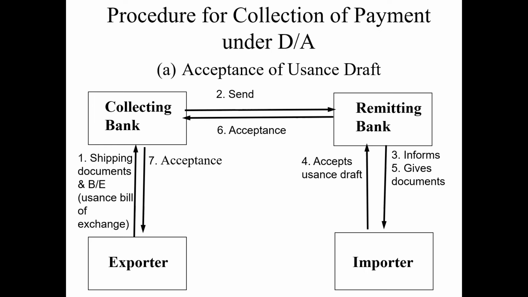As part of the fourth step, the importer accepts the usance draft, which means that the importer agrees to make payment at a future date. After receiving acceptance from the importer, the remitting bank gives all the documents to the importer. The remitting bank then forwards the acceptance given by the importer to the exporter through the collecting bank. So at the end of phase one, the exporter has the importer's acceptance and the importer has all the documents.